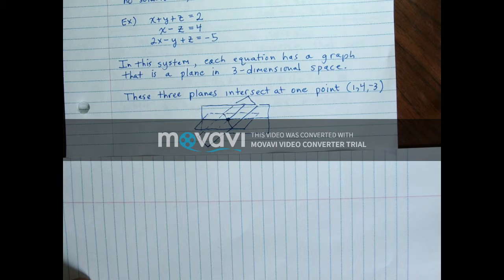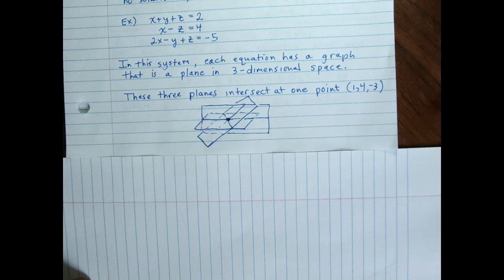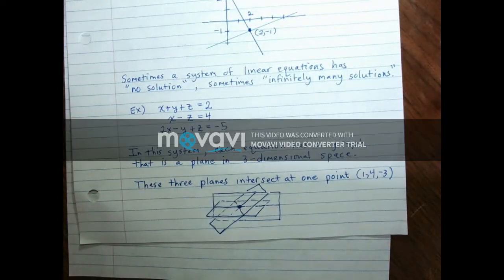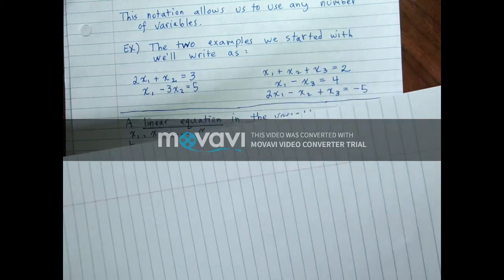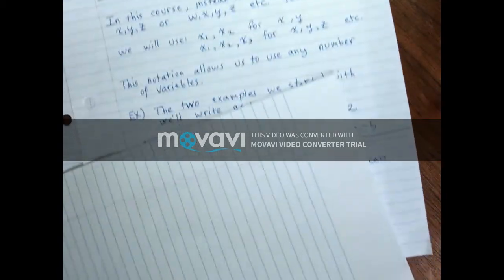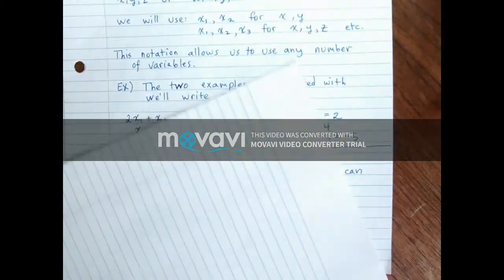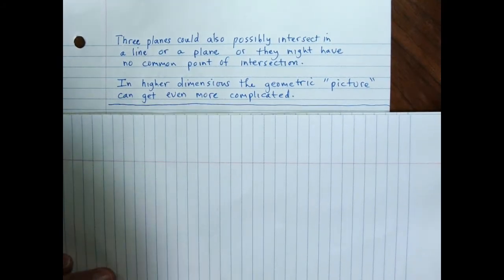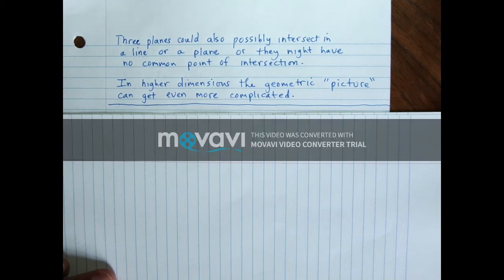There's actually some nice graphics in the textbook that are much prettier than mine that help you think about the situation of planes intersecting in 3D. Let's move on. Just before we move to some other things, let's think a little bit more about planes in 3D. When you have three planes in space, three planes might possibly intersect in different ways.